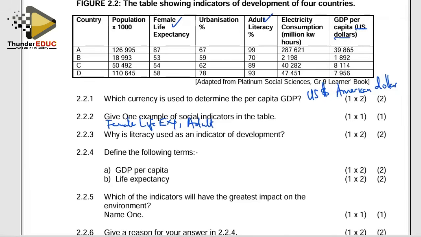How many adults are able to read and write amongst the population? Then you can also look at the population size itself. The size of the population is a social indicator. Female life expectancy is a social indicator. Adult literacy is also a social indicator.